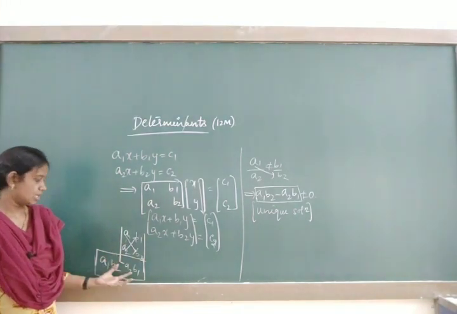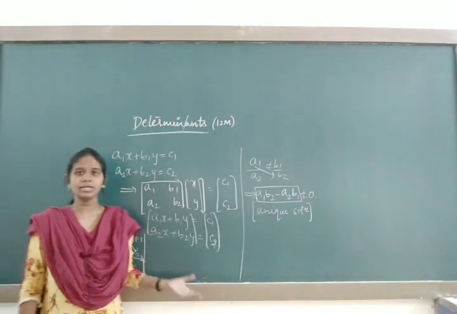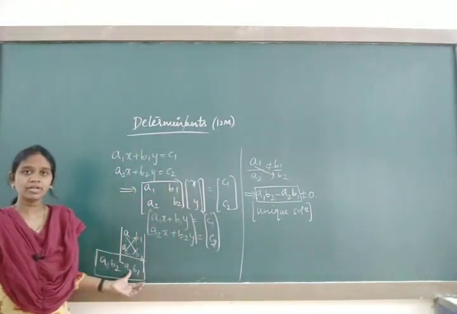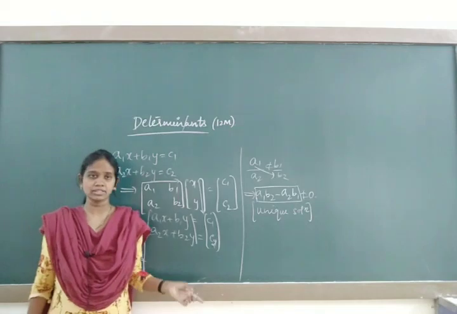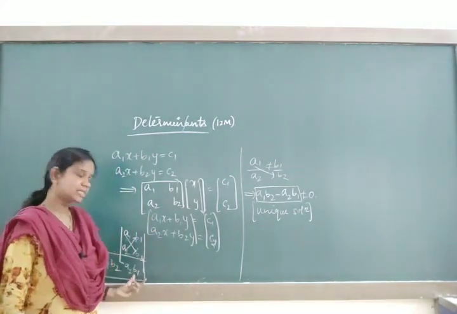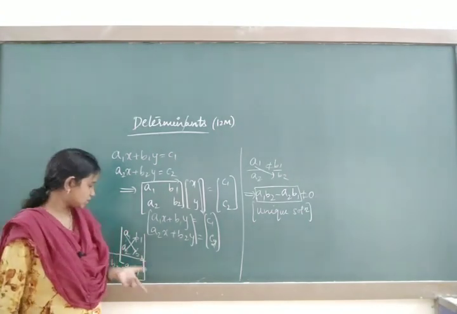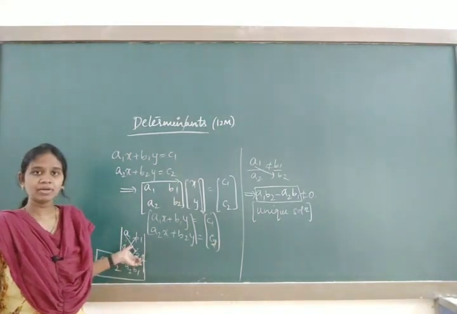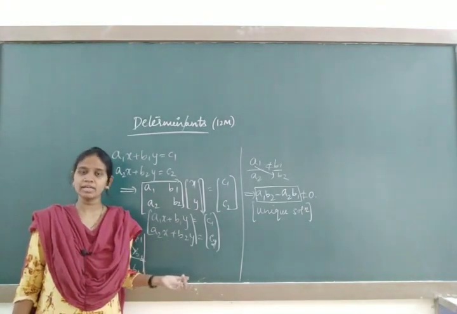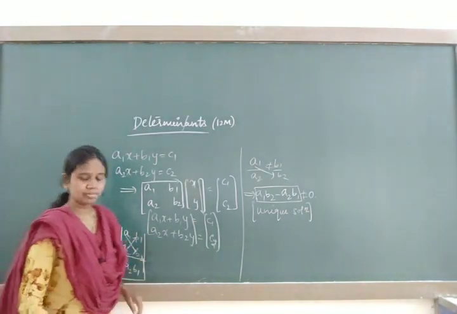This number is known as a determinant. This is the expansion of a determinant for 2 cross 2 matrices. Remember, matrices will not have any expansion, whereas a determinant will have an expansion. You multiply the primary diagonal, then subtract the multiplication of the secondary diagonal elements.